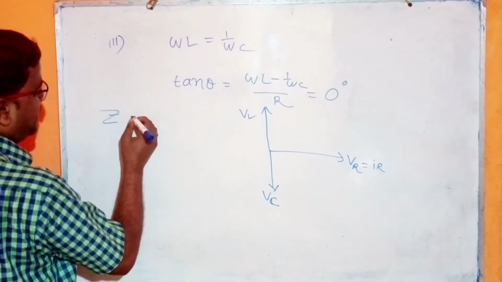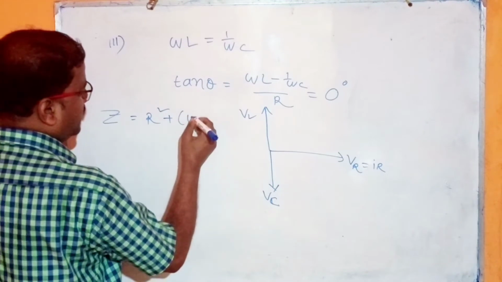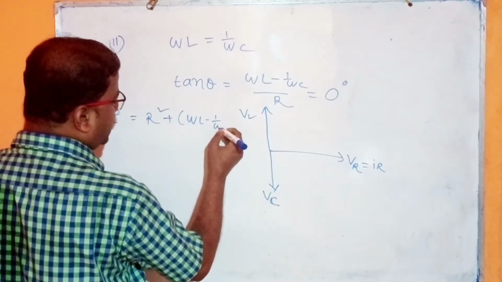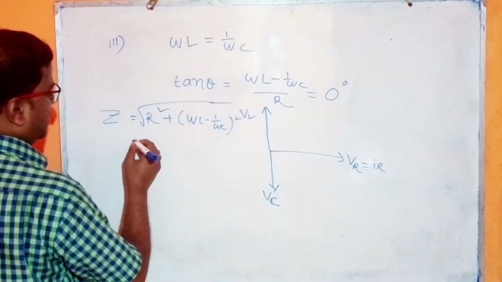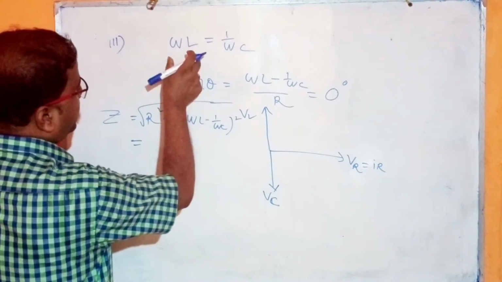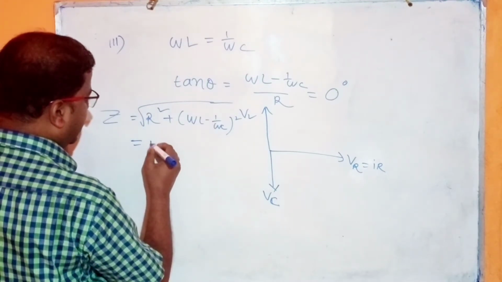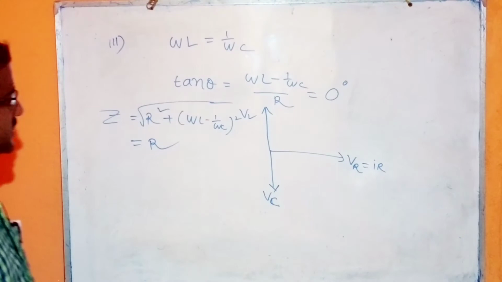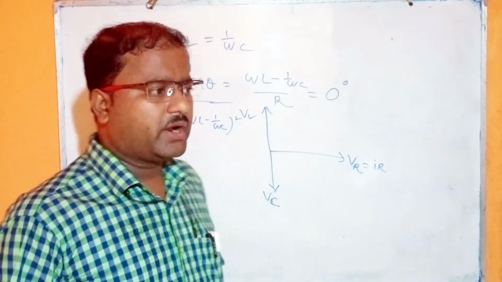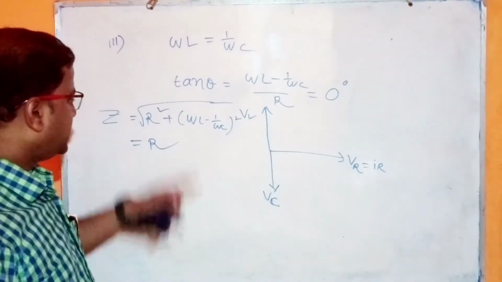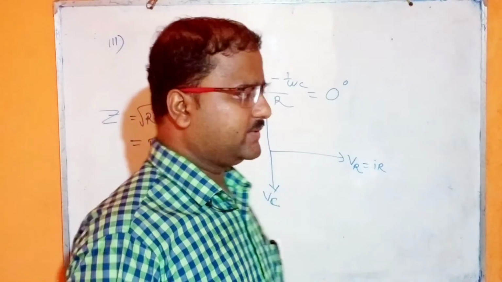Here impedance Z equals the square root of R square plus (omega L minus 1 by omega C) whole square, and as omega L equals 1 by omega C, this gives 0 and we get R. The circuit is purely resistive and the current is maximum, and this condition is called resonance.